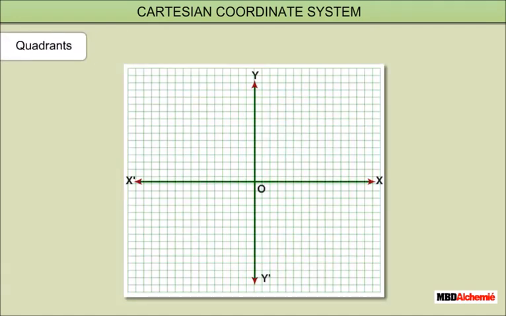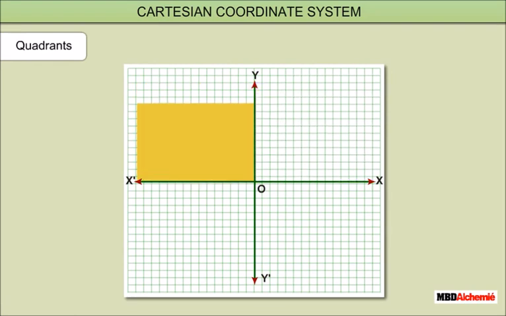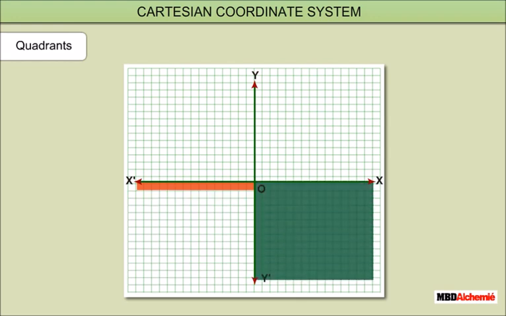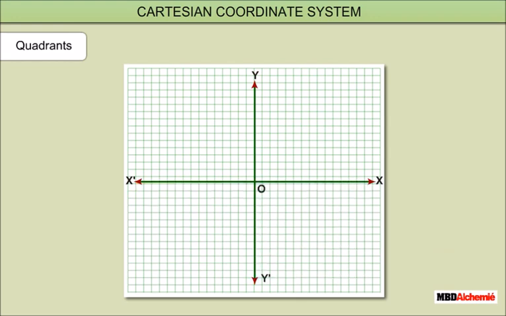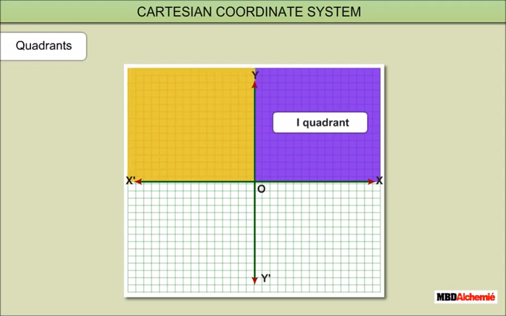Quadrants: The coordinate axis divide the plane into four regions XOY, YOX', X'OY' and Y'OX. Each of these four regions is called a quadrant. The region XOY is called the first quadrant. The region YOX' is called the second quadrant.